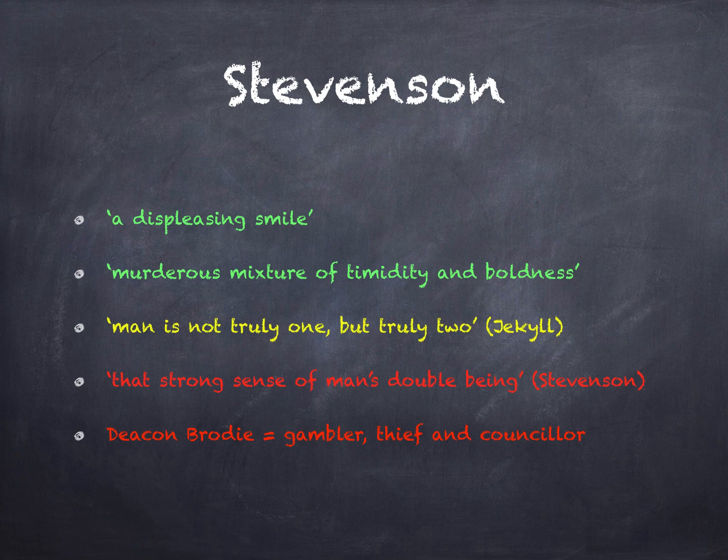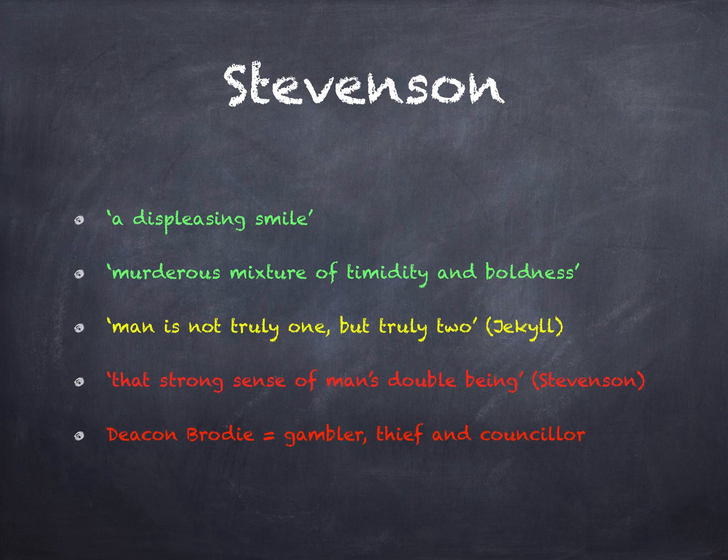Context here, I think, is a very interesting one in Stevenson's interest early on about looking, and here it's written in red, at that strong sense of man's double being. This is something he said before writing the book in his notes, that he was interested in exploring man's double being, the two sides of the personality. We might look at a particular play that Stevenson co-authored, called Deacon Brodie, that was based on a man in true life who indeed did have this double being.